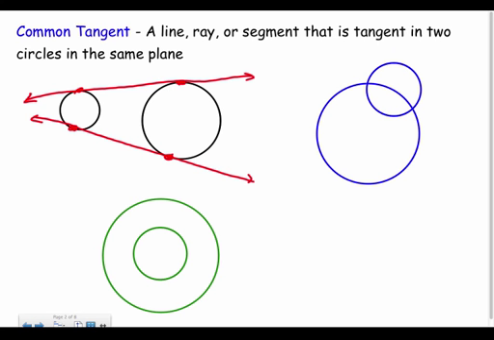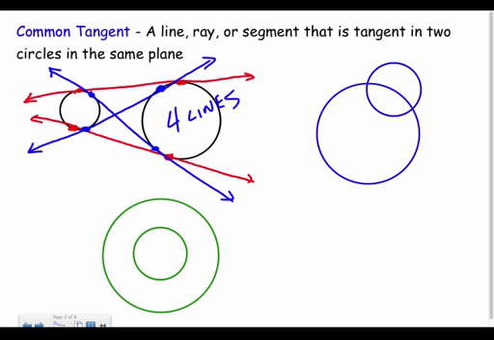I can crisscross through something like this, which is harder to do. Try to get about 1 point right there, and the same thing crisscrossing the other way, something like this. Point of tangency, point of tangency. So this one has 4 lines that are common tangents.